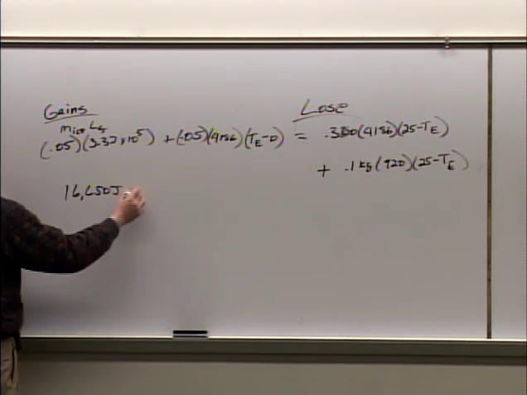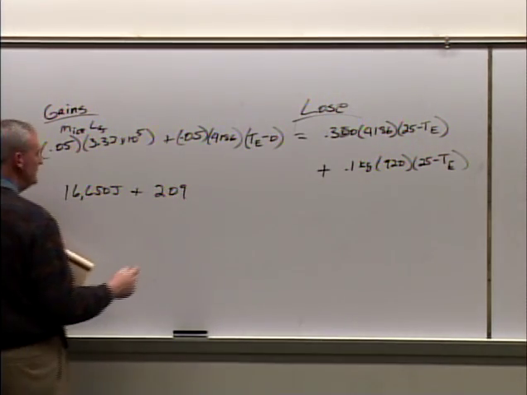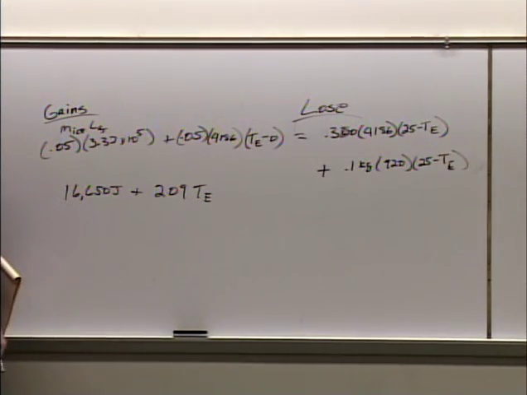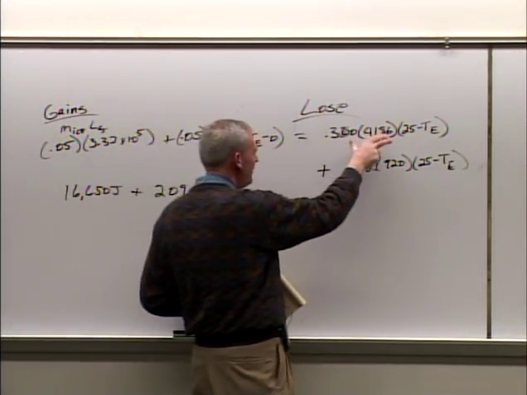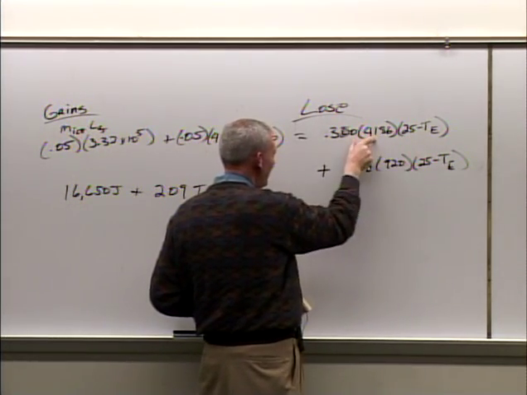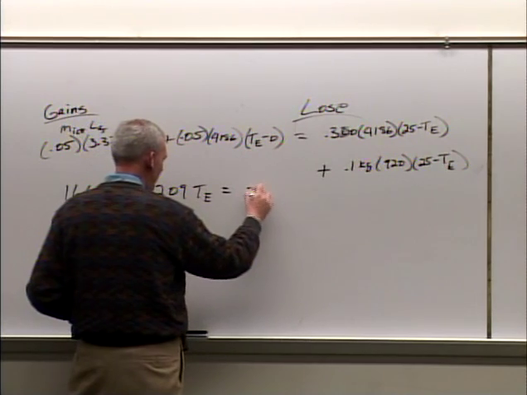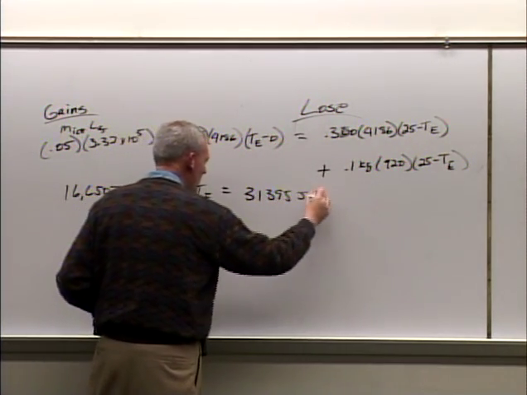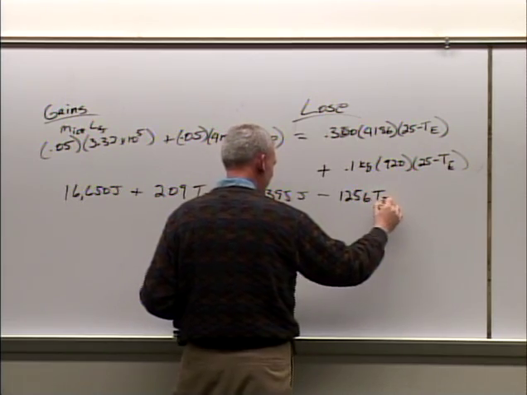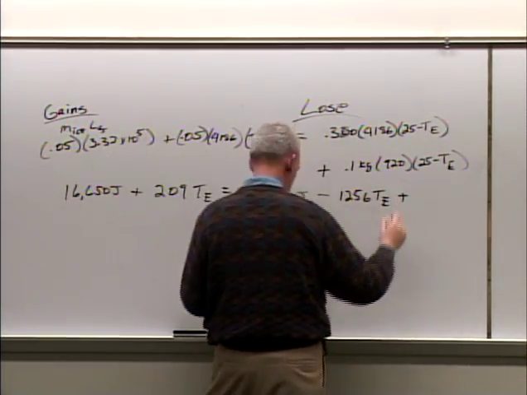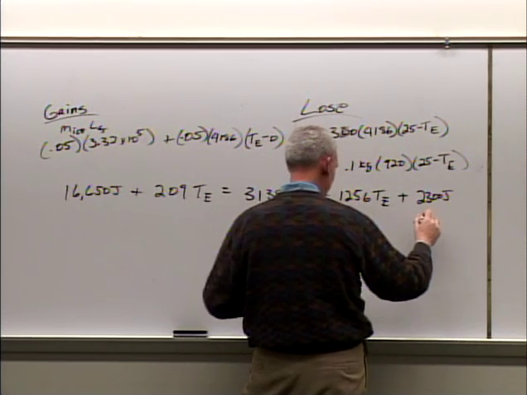I get 16,650 joules here, plus 209 times T_E, equals, now what I did was, a little distributive property, multiplied this times 25 minus this times T_E, and I wound up on this side with 31,395 joules minus 1,256 times T_E, plus that 92 times 25, which is 2,300 joules, minus 92 T_E.